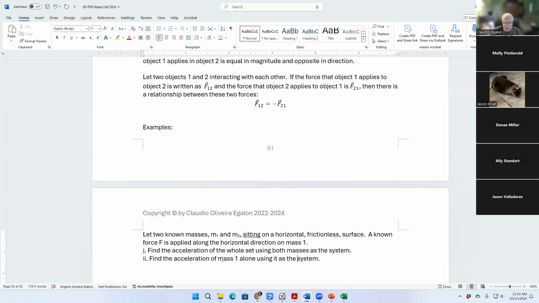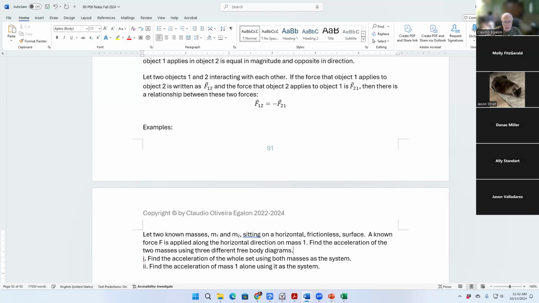And finally, let's put it this way. Find the acceleration of the 2 masses using 3 different free body diagrams.